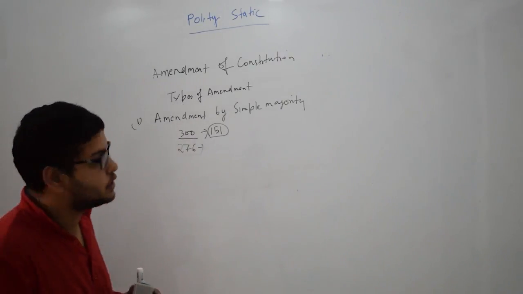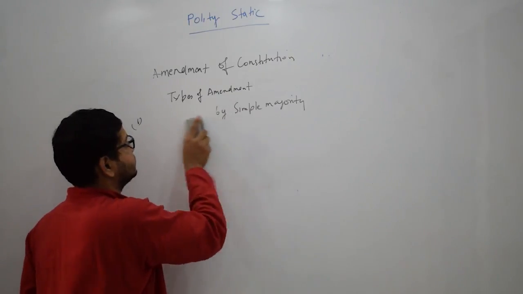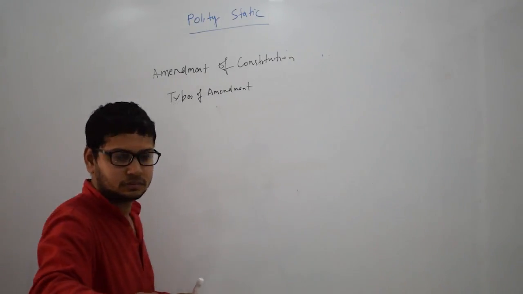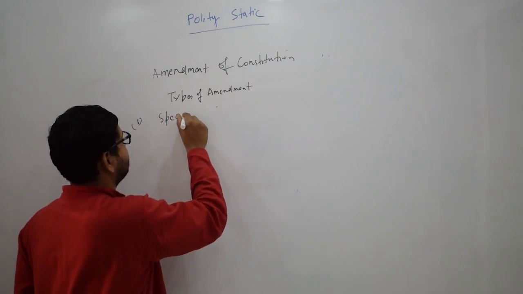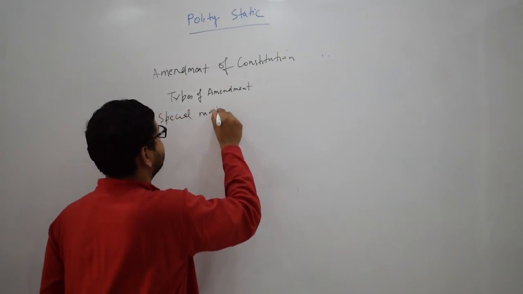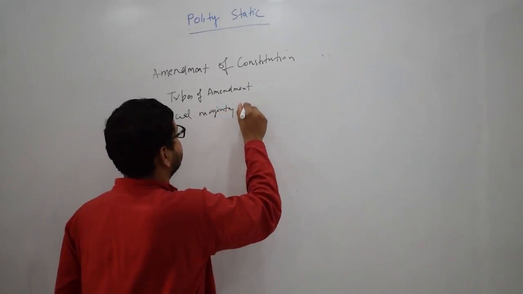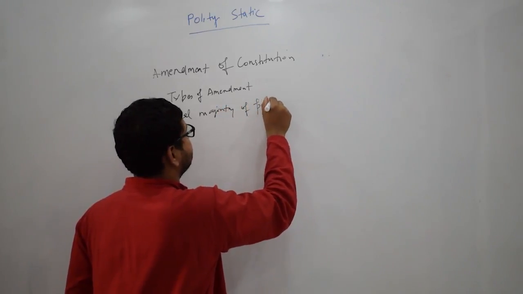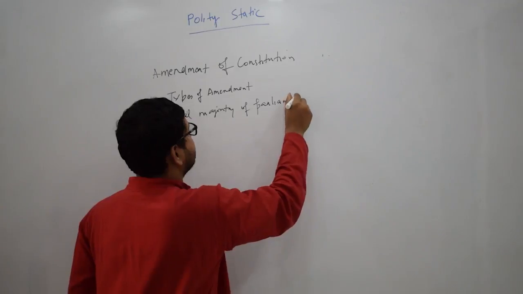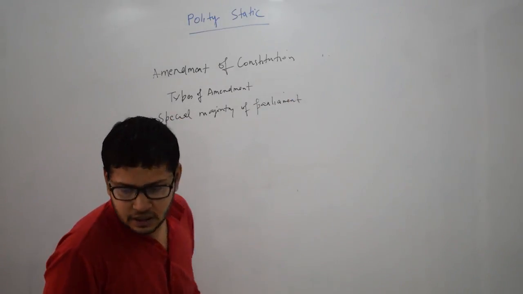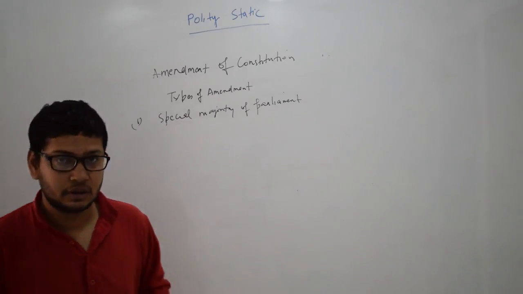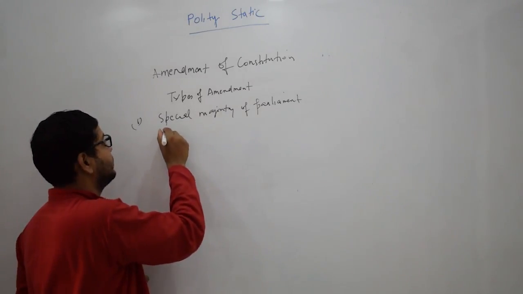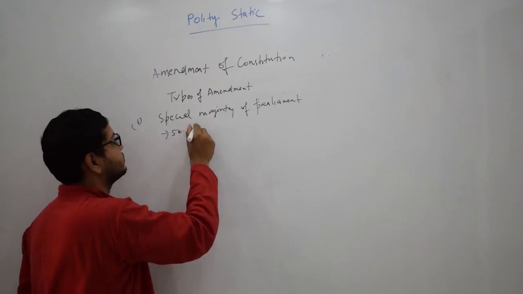Next is special majority of parliament. Now, special majority of parliament means that 50% of the total membership, first criteria is that.